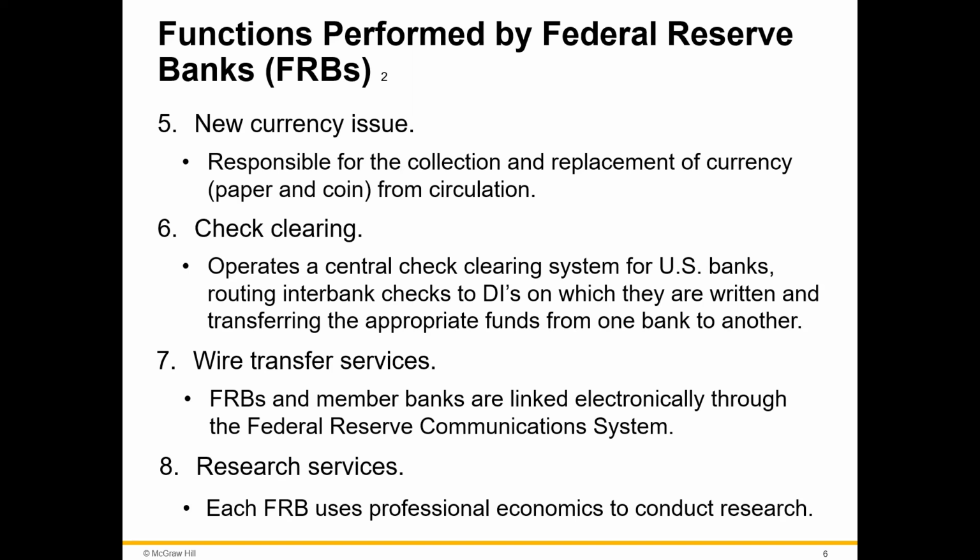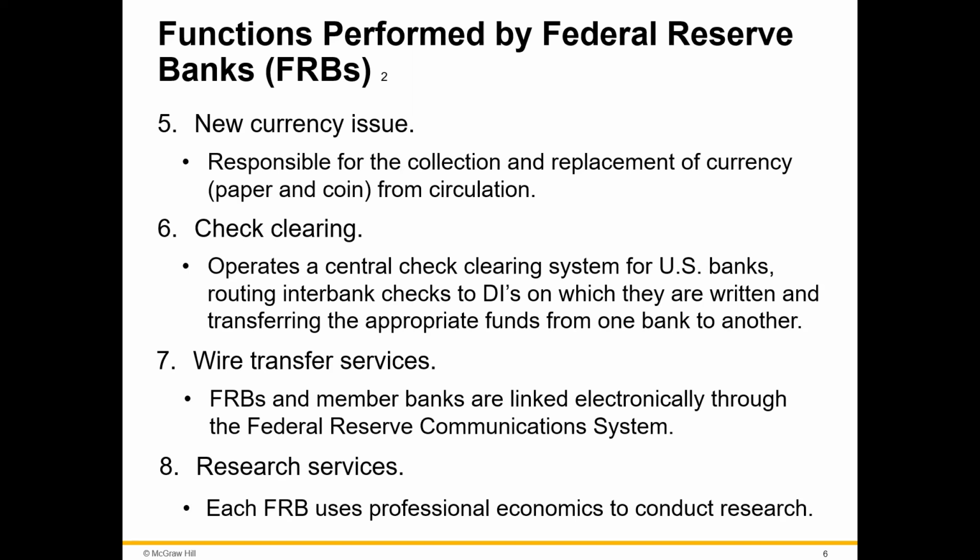Check clearing operates a central check clearing system for U.S. banks, routing interbank checks to the depository institutions, or DIs, on which they are written and transferring the appropriate funds from one bank to another.